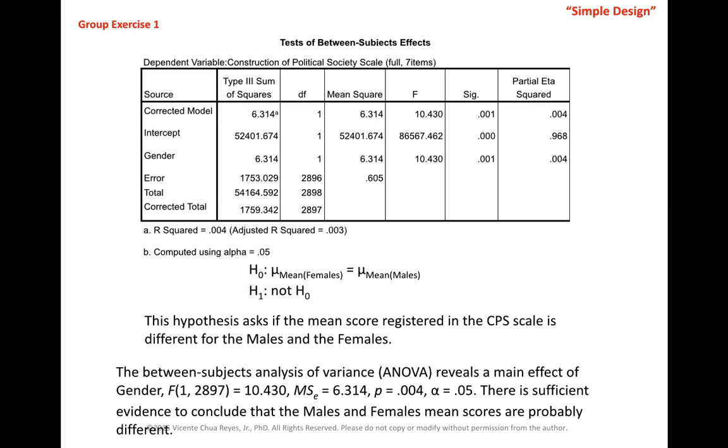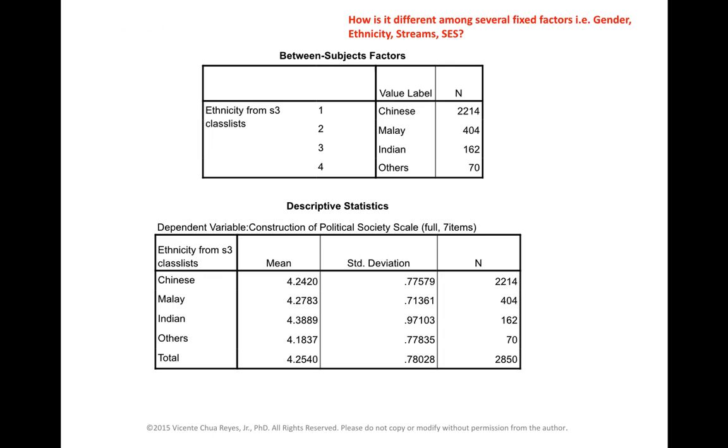The mean scores that we saw earlier in the table were actually really different, right? And so when we take a look at construction of political society in a Singapore context, we can safely say that males and females score the construction of political society scale in different ways. Right? That's an example of a simple design using gender as a control factor.